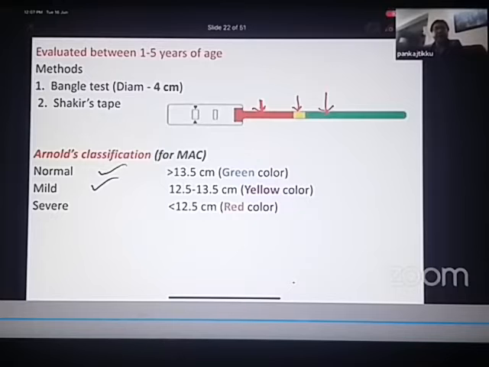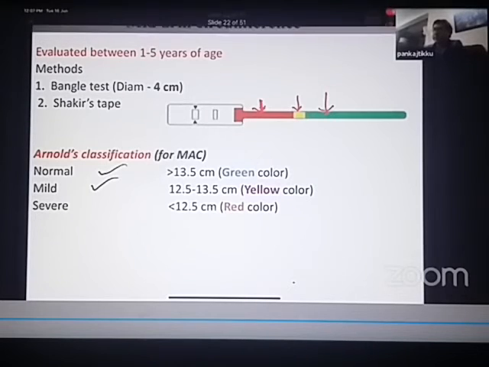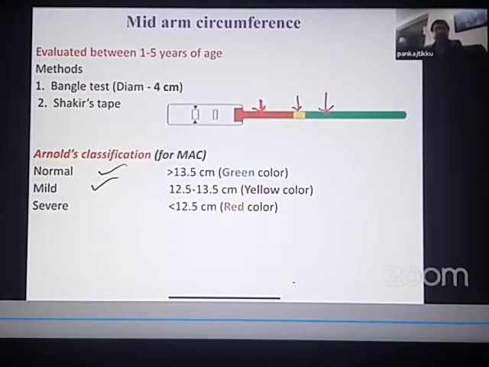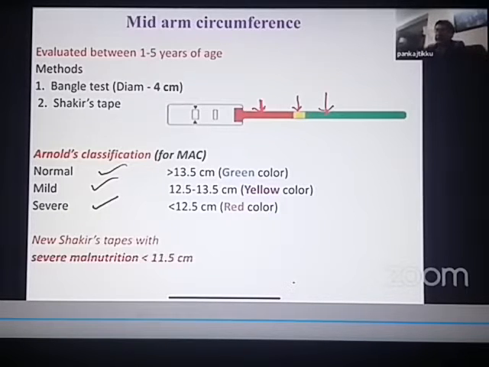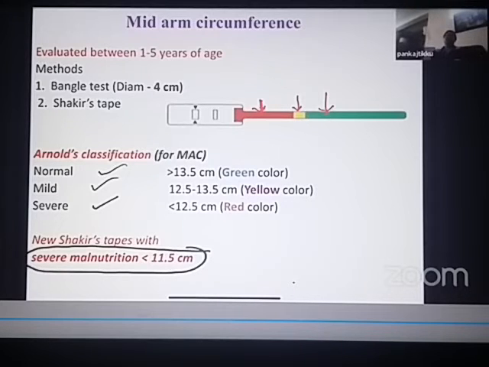Any child who had a mid-arm circumference between 12.5 to 13.5 centimeter was known to have mild malnutrition, and less than 12.5 centimeters was known to have severe malnutrition. However, there is now a certain change, and there are some new Shakir's tape available in which severe malnutrition is defined as less than 11.5 centimeters.